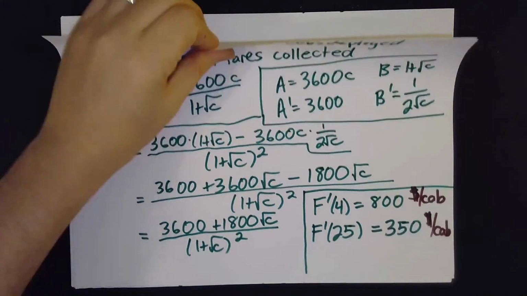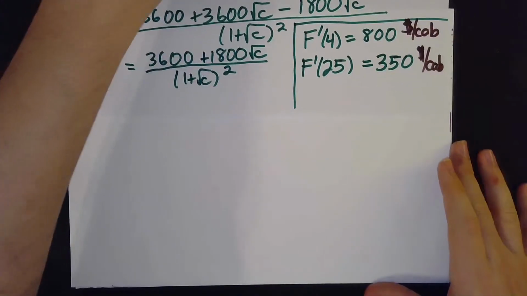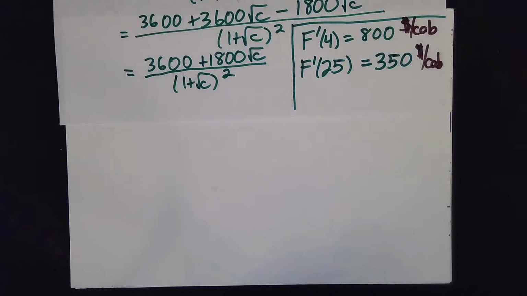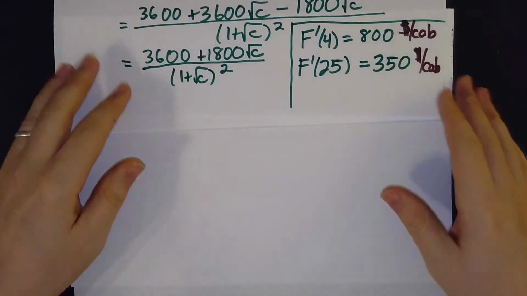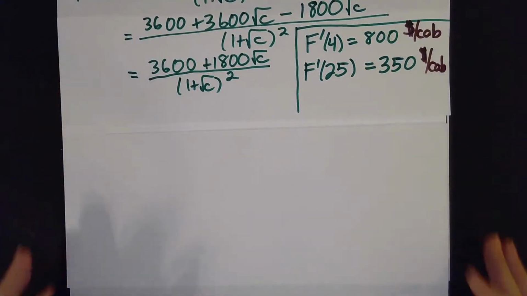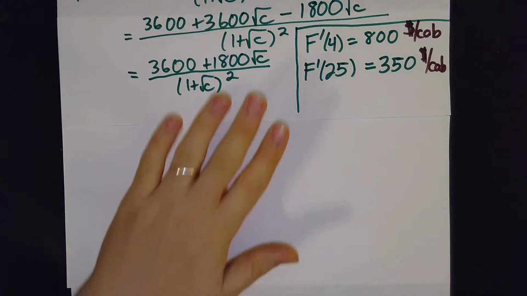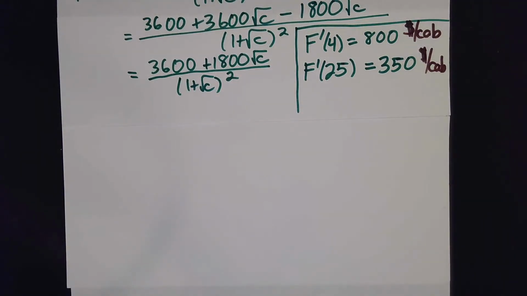Okay. So what do these things mean in this context? Remember, the derivative is all about change. It's telling us how the output of our function, that is, how the total amount of fares we collected, changed as we changed the input, that is, as we, in this case, increased the number of cabs.